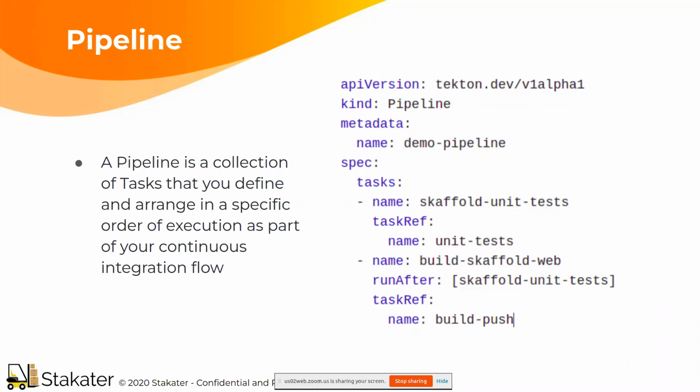But when we have to define a series of tasks that we have to run sequentially or in parallel in the same workflow, we call it a pipeline. A pipeline just consists of the basic units of Tekton, that is, tasks and steps. So it just runs a series of steps. A pipeline is a collection of tasks that you define and arrange in a specific order of execution as part of your continuous integration flow.